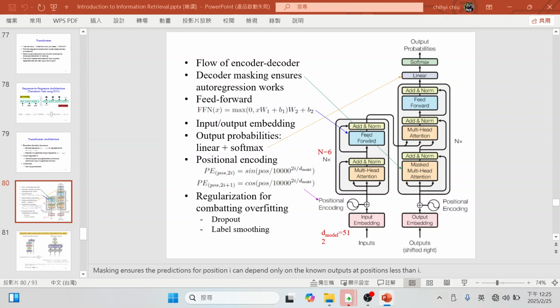Then for your output part, all your output data goes through embedding and also multi-head attention. But note that here we use masking, so it's a little different. We use masked multi-head attention here, and then there's another multi-head attention.